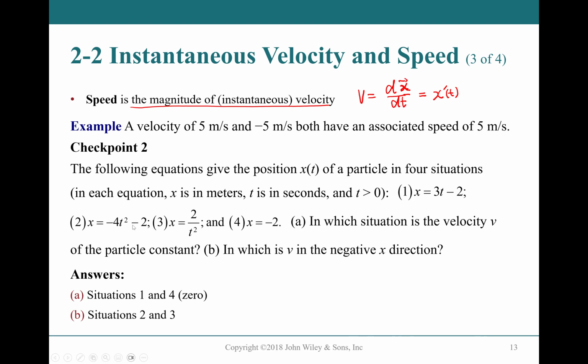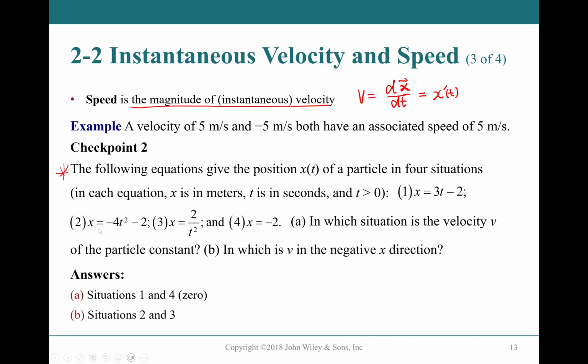Now we have a checkpoint here. This is very important because you have a homework problem that looks like this, asking you to calculate the velocities. The following equations give the position x(t) of a particle in 4 situations; in each equation, x is in meters and t is in seconds. The first is x equals 3t minus 2.